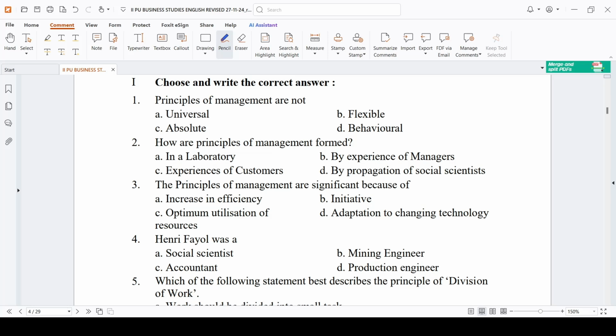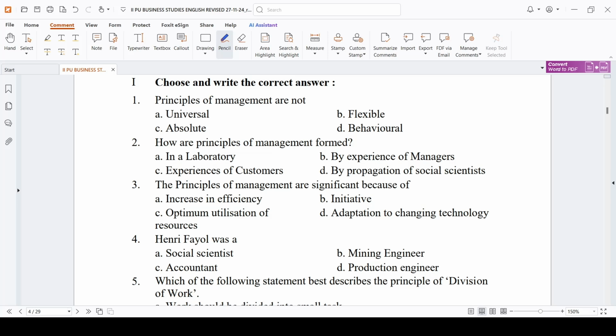What do you mean by principles of management? Principles of management are some truths which guide the manager to take decisions in the organization. So many problems and situations arise in our workplace, so these give some guidelines and support to managers to take decisions.